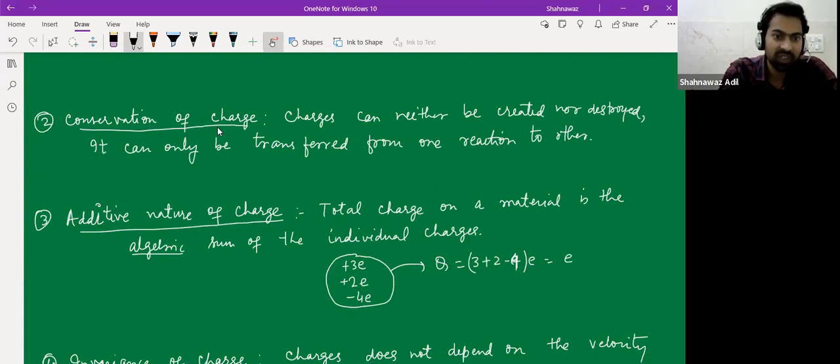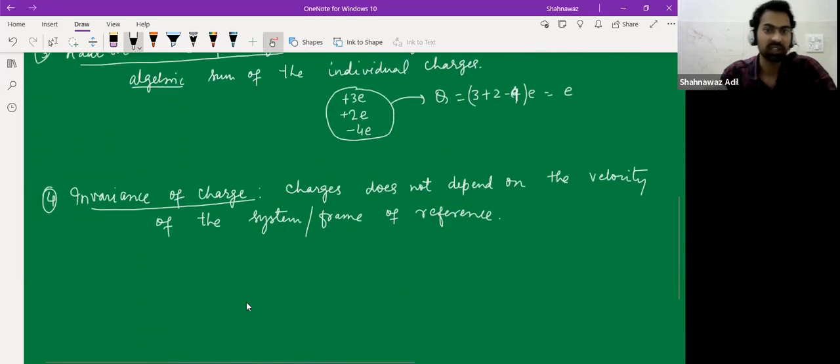Similarly, you have the additive nature of charges, that you can calculate the algebraic sum of the charges. And the fourth property is the invariance of charge: whether you are in one frame of reference or another, you will always measure the same charges. So these are the basic 4 properties of the charges.